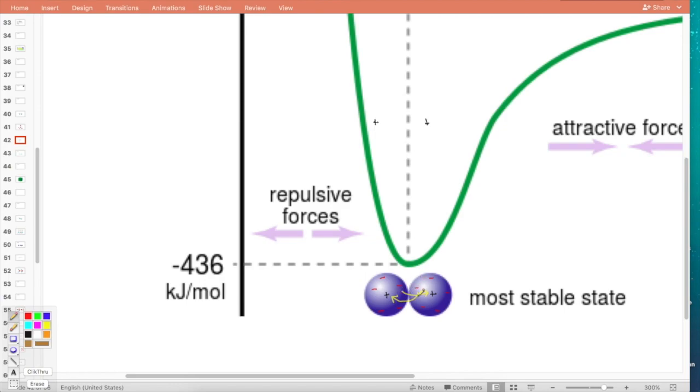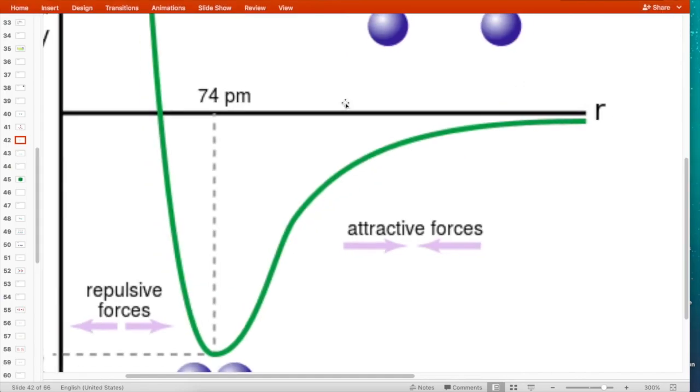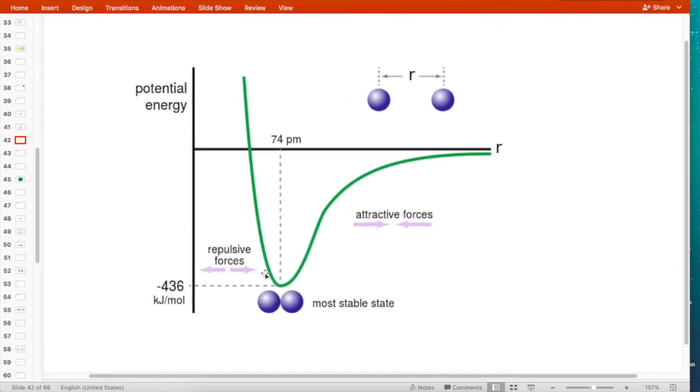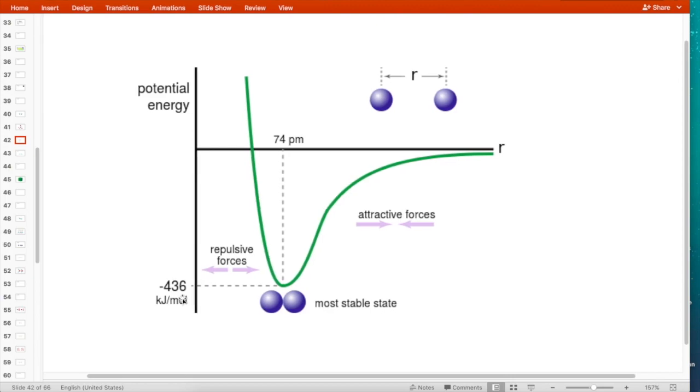And the attractive forces are the strongest and the most effective at a certain distance. And that distance just so happens to be the point at which the potential energy of the system is at a minimum. Atoms bond together. Instead of remaining isolated in nature, they bond together because nature always seeks its systems to have the lowest potential energy state.